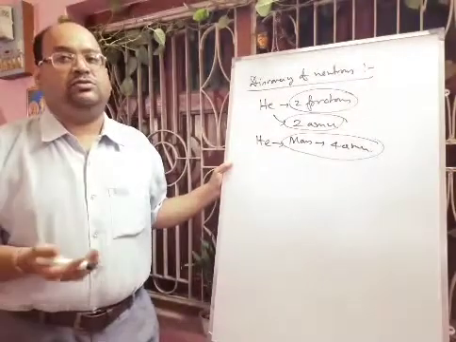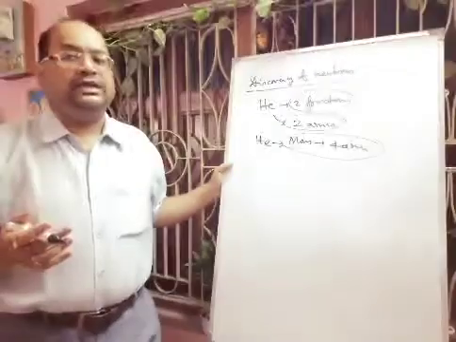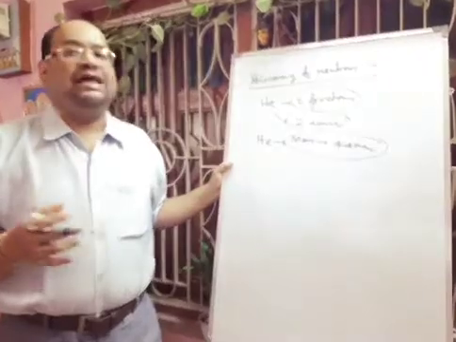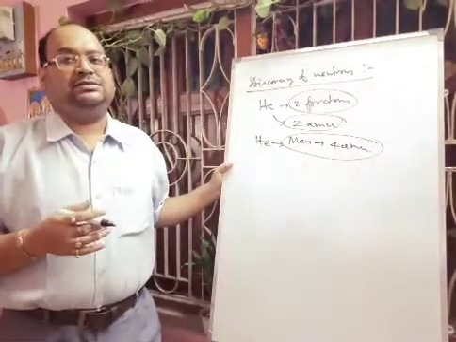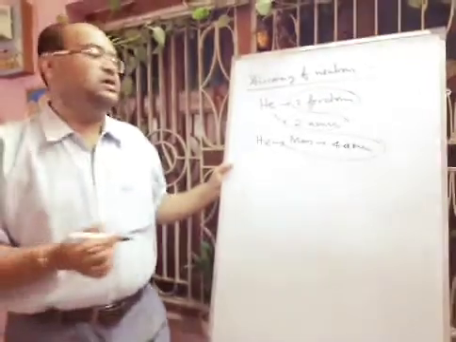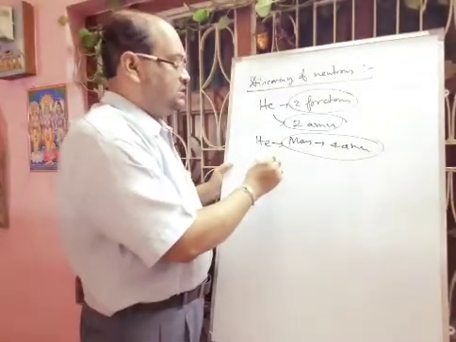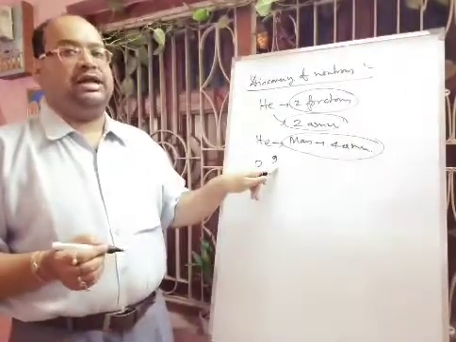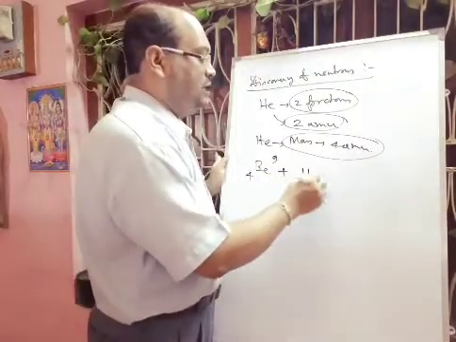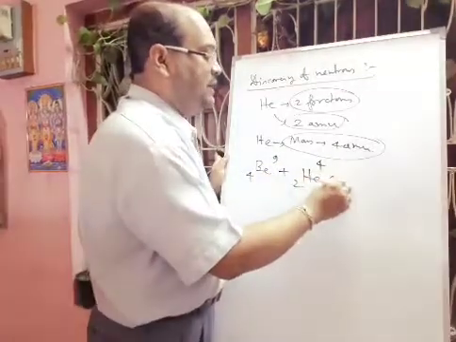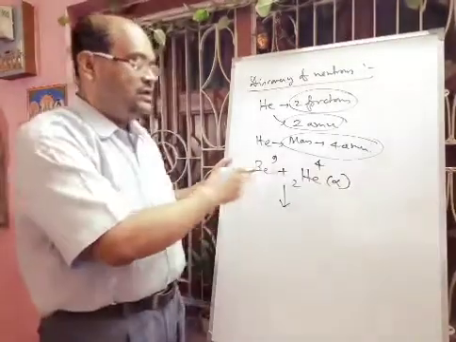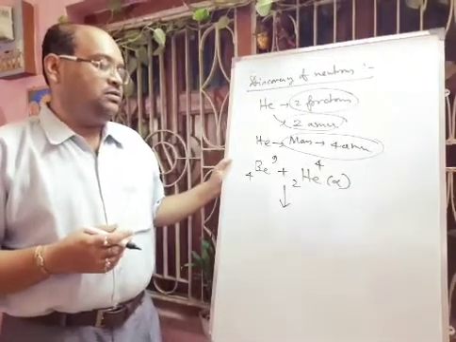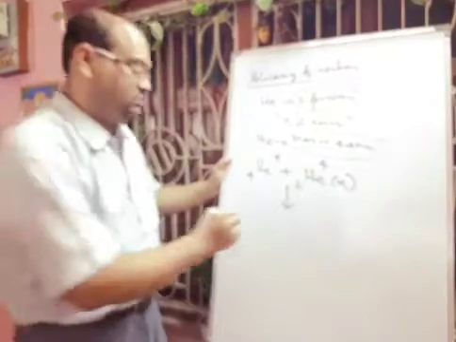What he did was bombard a light nucleus like beryllium with alpha particles, that is helium nuclei. Beryllium has atomic number 4 and mass number 9, and we are hitting it with alpha particles, that means helium. Then what will happen? You will get a neutron.